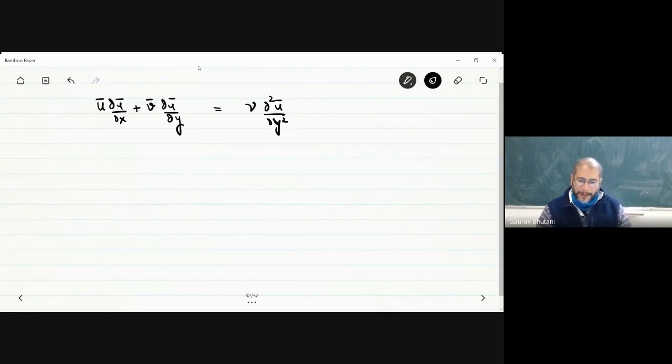Okay. So on the right hand side, you have this nu, which is kinematic viscosity, which is nothing but your dynamic viscosity mu upon rho. So this mu that you have is molecular viscosity, because this is some sort of mixing that happens on a molecular level. But now, since you have this bulk motion of the molecules, what typically we do in turbulence is that instead of writing this mu, we add another term to it.